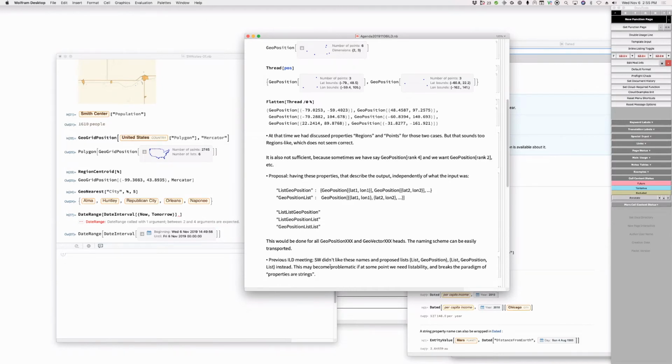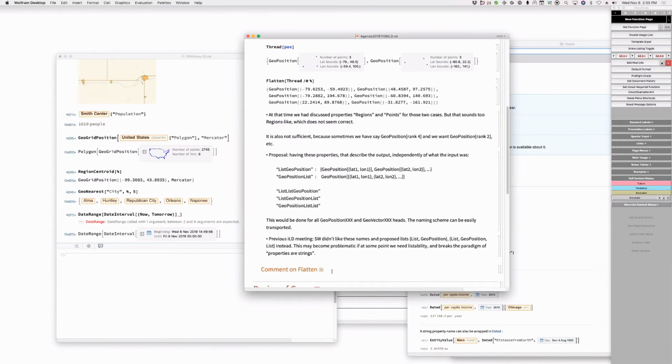The previous time you didn't like these combinations inside lists, and you suggested lists outside things, but I was a bit worried. Yeah, you're probably right. Okay, so these are properties that will be list geoposition. Oh my gosh. Geoposition list? Yes, so that's the geoposition containing a list of lists of points, or a list of geoposition containing lists of points.